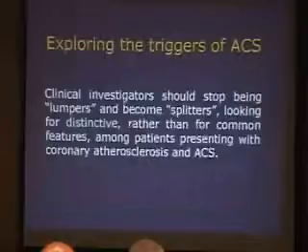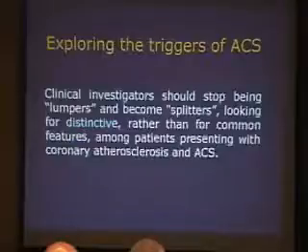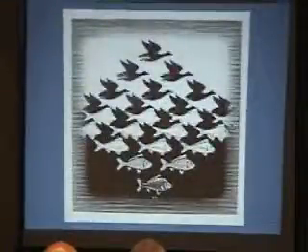The problem is that if you want to explore the triggers of acute coronary syndrome, clinical investigators should stop being lumpers and become splitters, looking for distinctive rather than for common features among patients presenting with coronary atherosclerosis and acute coronary syndrome. Just to give you an idea, this is an image. And what do you see there?